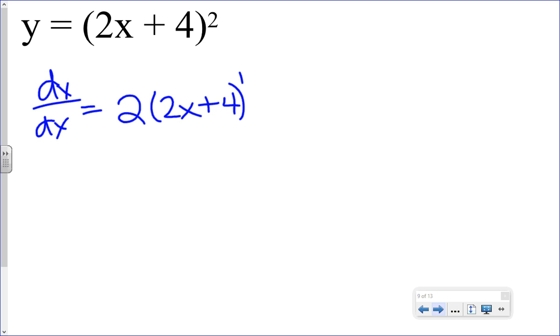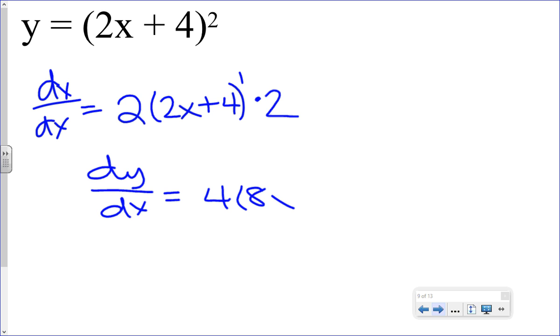Then, since it's a composition, multiply by the derivative inside, which is 2. So our derivative is 4 times 2x plus 4, or 8x plus 16, which is what you gave me on the quiz.